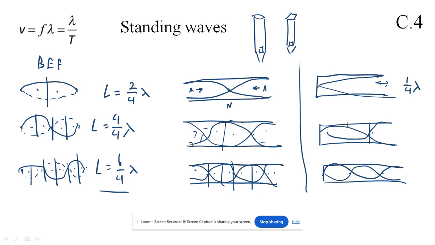Here it's three quarter wavelengths. And then this is five quarter wavelengths. So if this is 100 hertz, this one's going to be 300 hertz. This one's going to be 500 hertz.